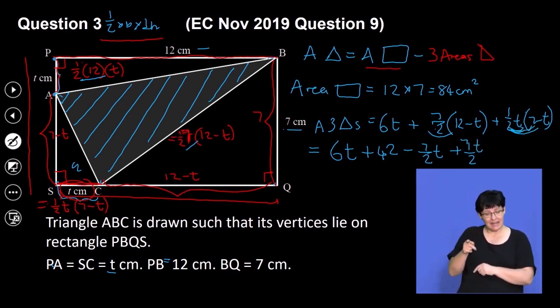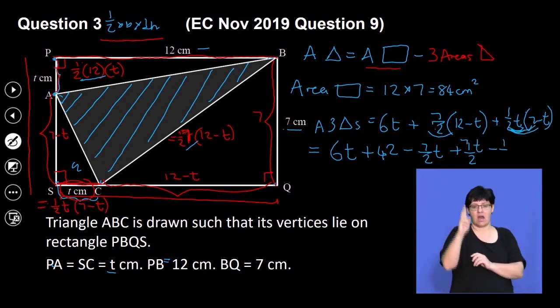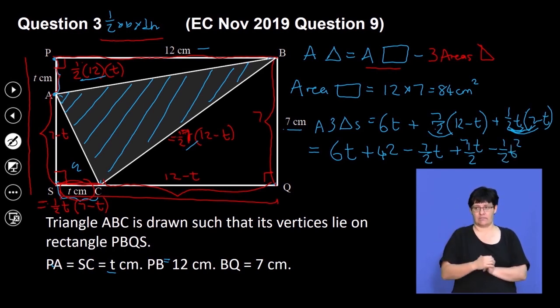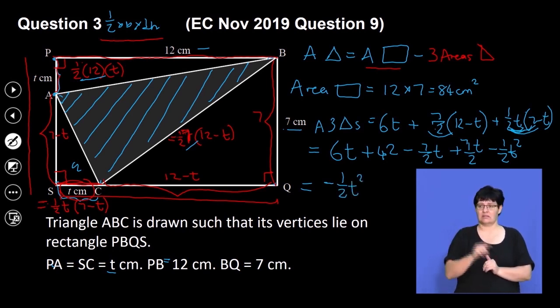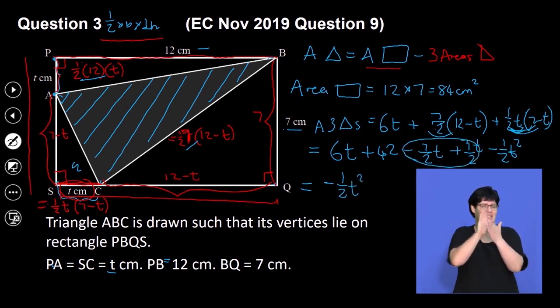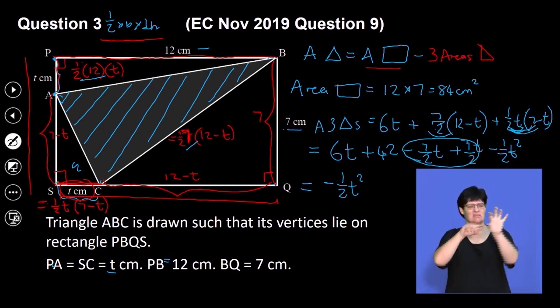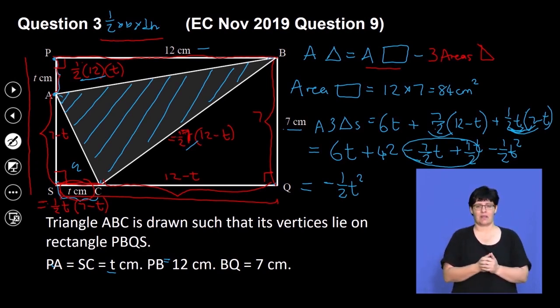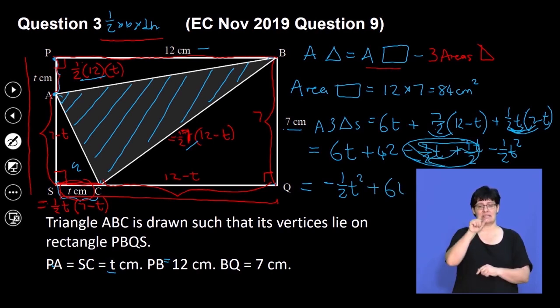And then this over here becomes minus a half t squared. All right, that gives us minus a half t squared. These two t terms actually cancel each other out. So I have minus 7 over 2 t's plus 7 over 2 t's, which obviously gives me 0t, so those disappear. And I'm left with my plus 6t and my plus 42.